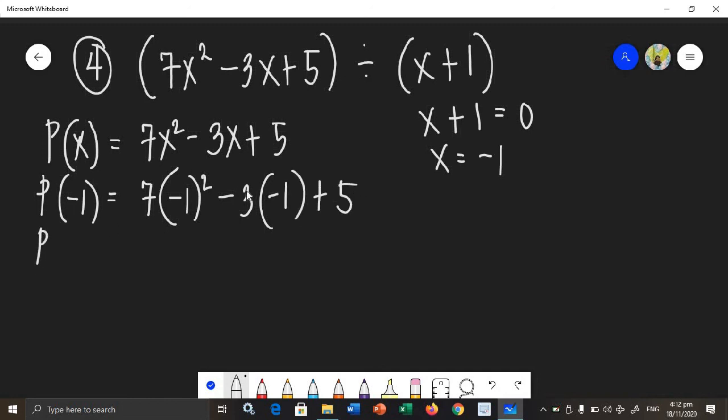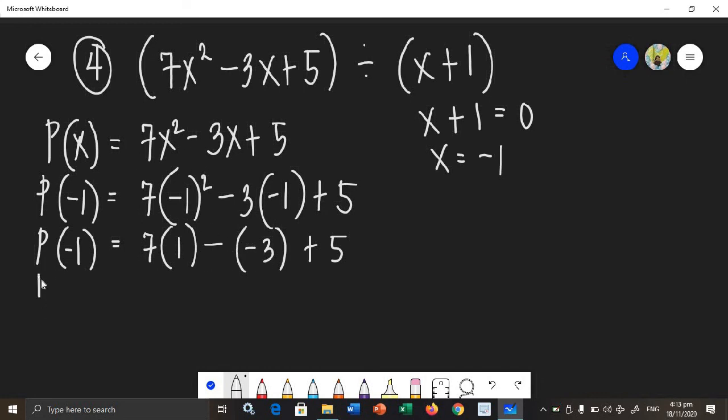And then get rid of the exponent and the parentheses. So P quantity negative 1 equals 7. Negative 1 squared is simply 1. Okay? Minus 3 times negative 1, the answer is negative 3 plus 5. Don't be confused again by the parentheses. I am just putting parentheses to separate the operational sign to the sign of the number. Okay, so P quantity negative 1 equals 7 times 1, the answer is 7.